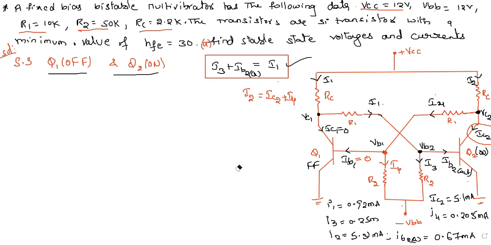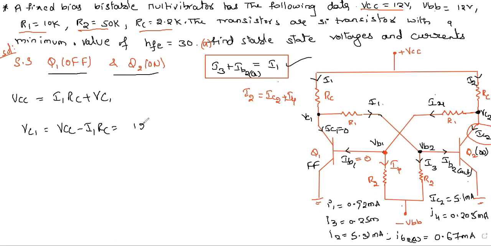So how to calculate this Vc1? Now apply KVL to this loop. So what I will get: Vcc is equal to I1 RC plus Vc1. From this, Vc1 is equal to Vcc minus I1 RC.